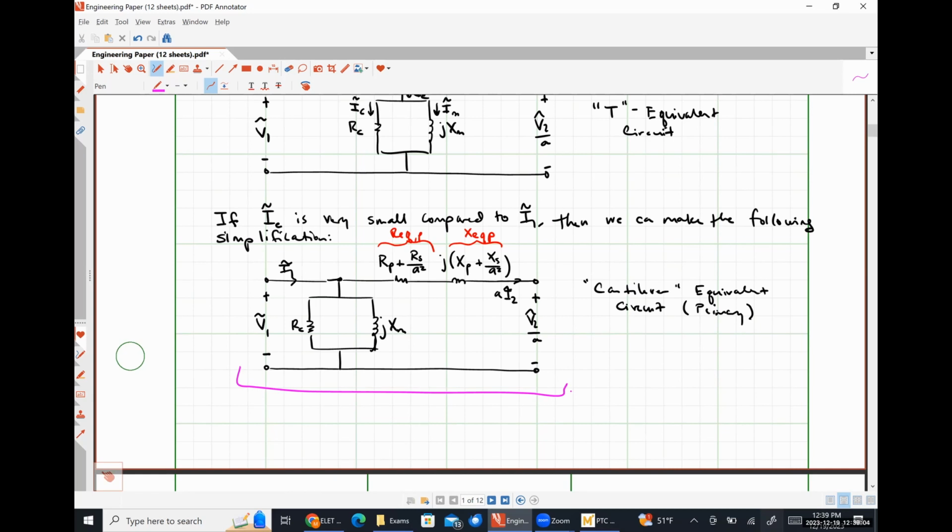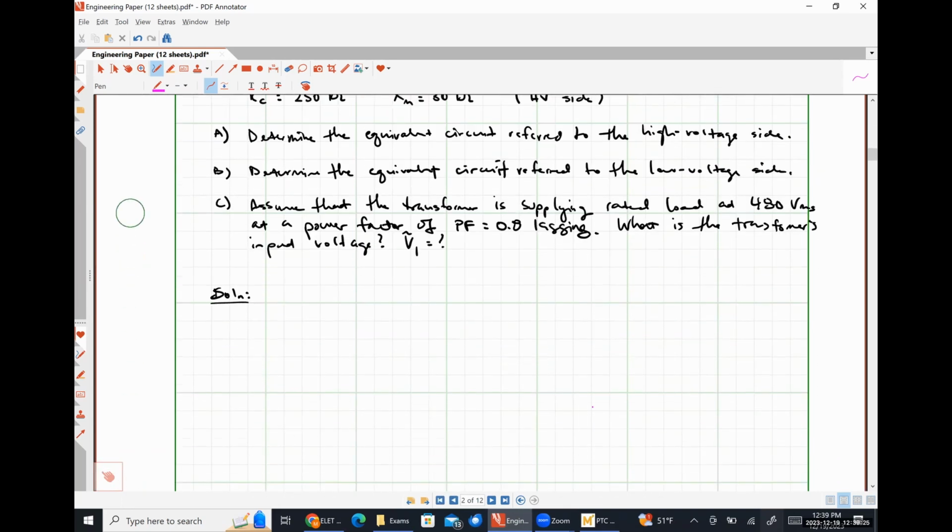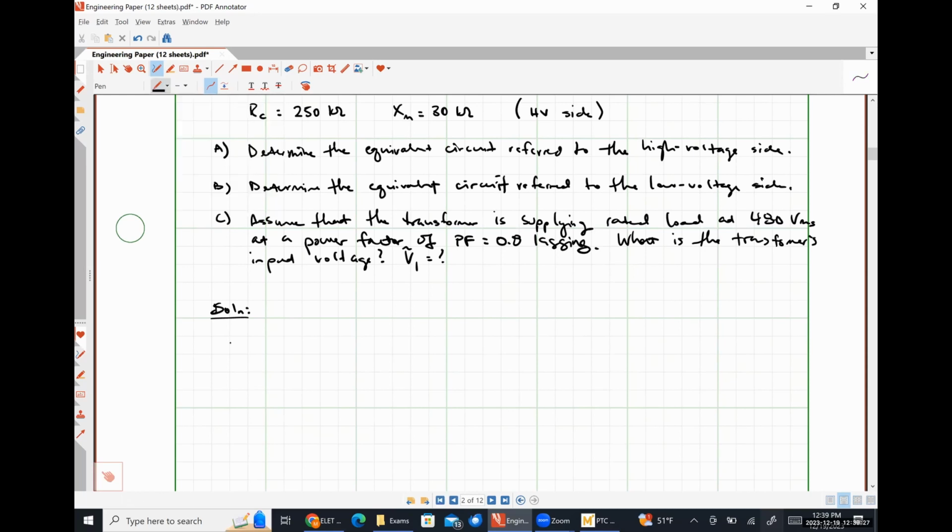That's what we're trying to do in part A. RP was given to us, RS was given to us, XP was given to us, XS was given to us, RC was given to us, XM was given to us. What's literally the only thing we don't have? A, right? So what should the turns ratio of our transformer be?